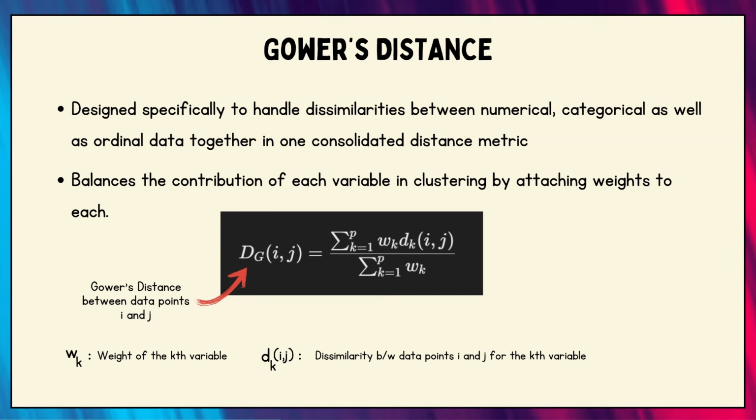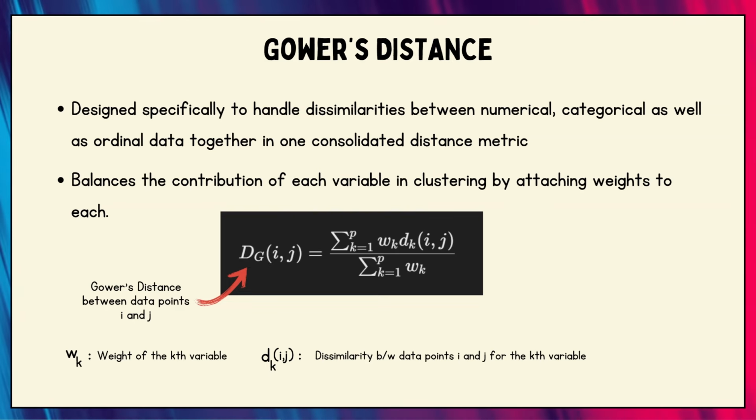So why am I using the word dissimilarity instead of distance? Because when I talk about categorical variables, distance really doesn't make a lot of literal sense, right? So if I'm saying that there is a lot of distance between male and female categories, that doesn't make sense, right? So it's better to use the word dissimilarity, that male and female are dissimilar in our data set, not in the social sense, maybe.